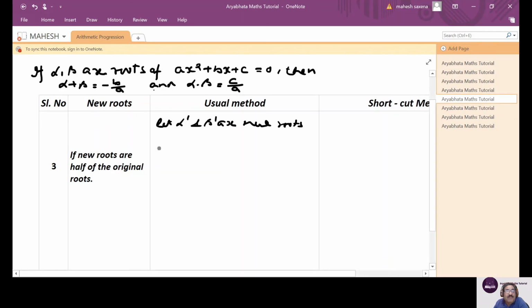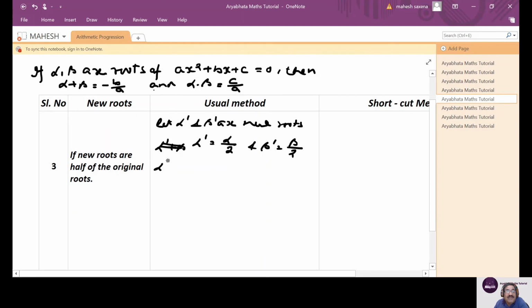Then alpha dash is equal to half of the root, that is alpha by 2, and beta dash is equal to beta by 2.